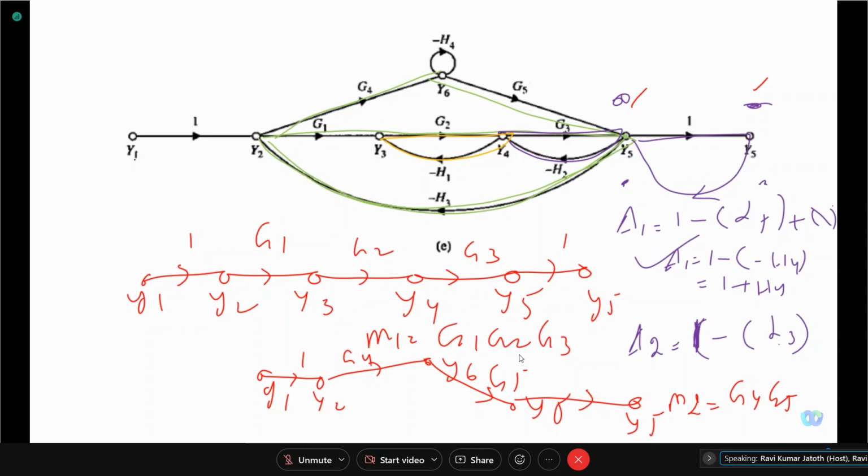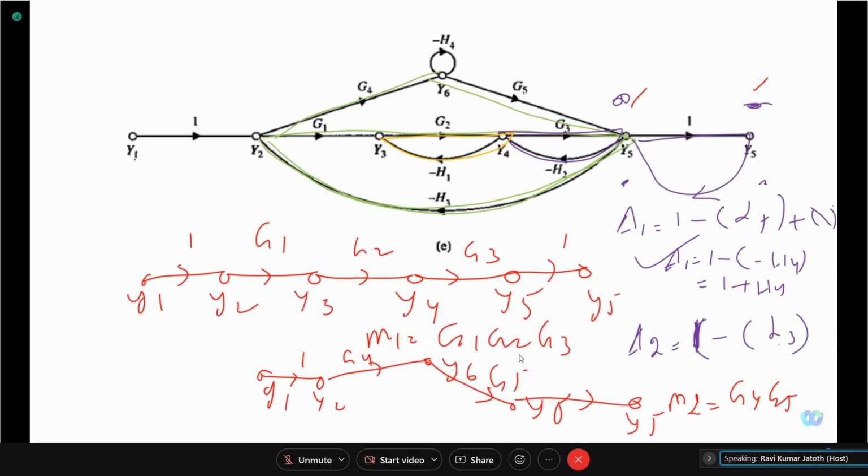Now, when you consider y2 to y4, how many forward paths are there? Only one, correct? All of you, listen carefully.